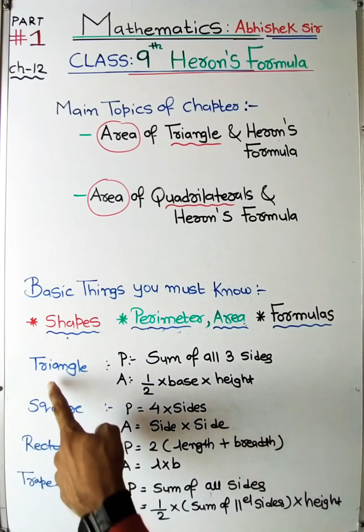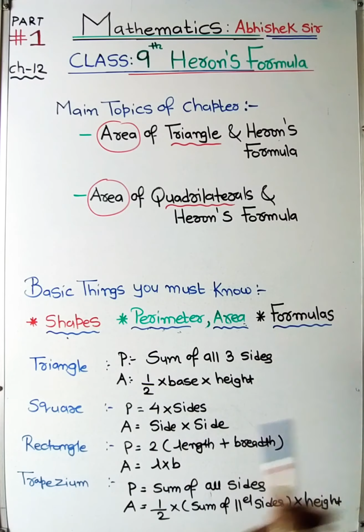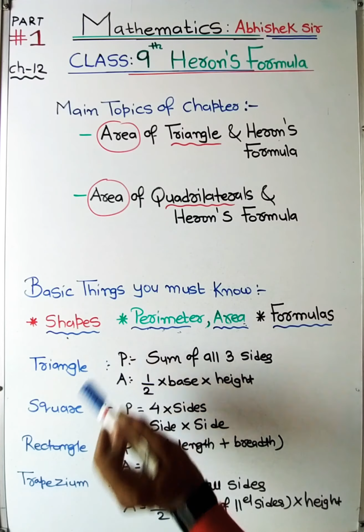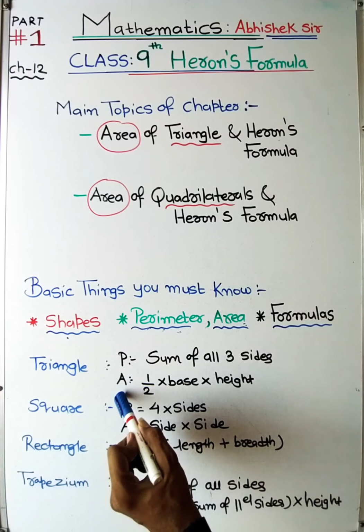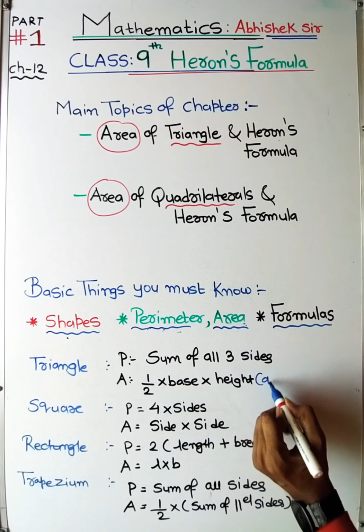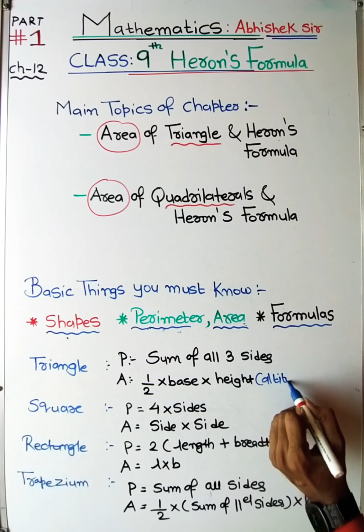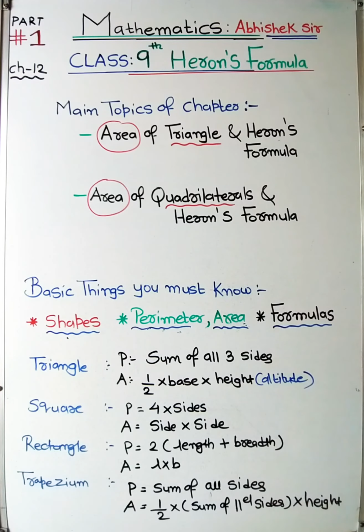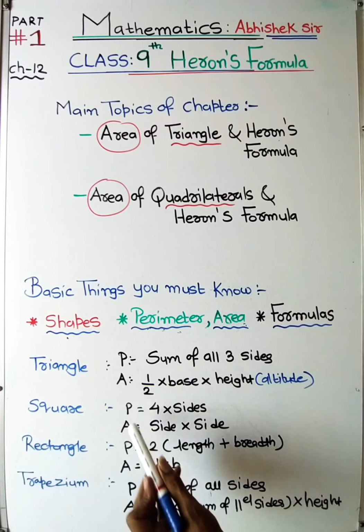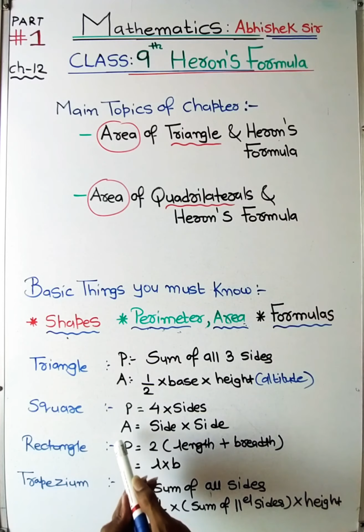For example, talking about triangle, the perimeter is the sum of all three sides, right? Take care about this one, we are going to use it in this chapter as well. Second, the area of triangle is half into base into height. Height sometimes is also called altitude, right? Talking about square, as all four sides are equal, perimeter becomes 4 into side.